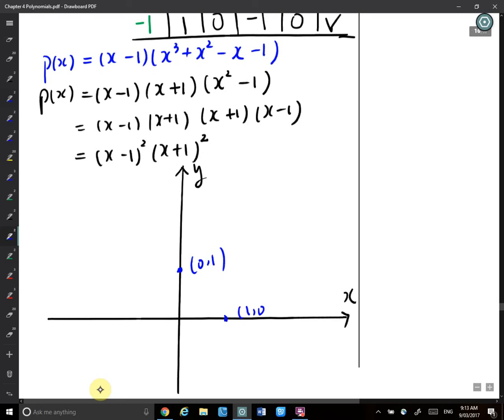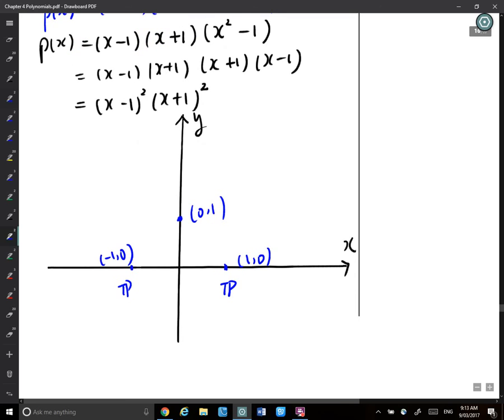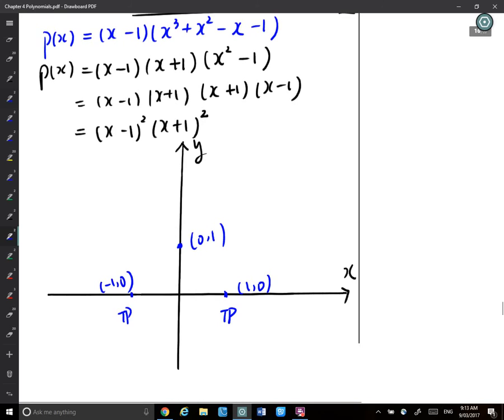You have an x-intercept at 1, 0. You have another x-intercept at -1, 0. And you know both of them are turning points because you have a squared factor. And remember, if it's a quartic, it's a really symmetrical shape.